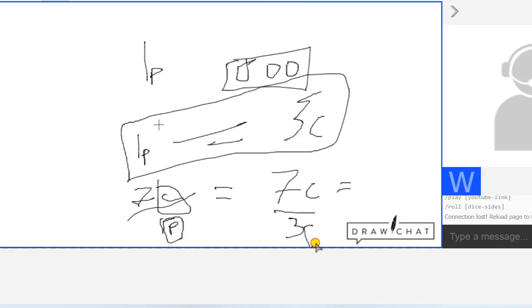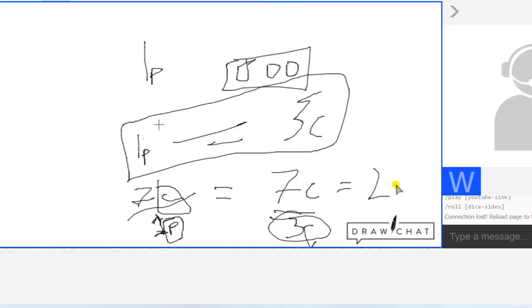So you divide 7 chocolates by 3 chocolates. You convert this different unit into the same unit, which is chocolates. You convert the packet into chocolate, right? So what do you get?